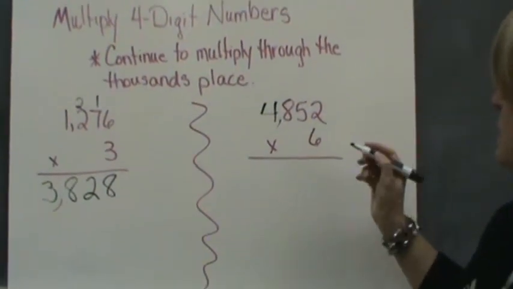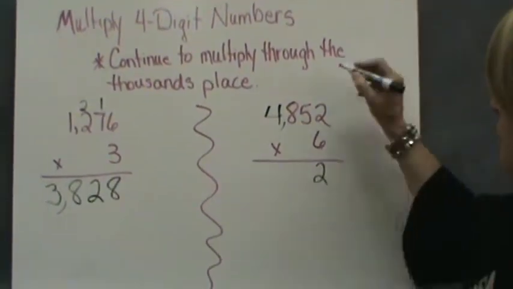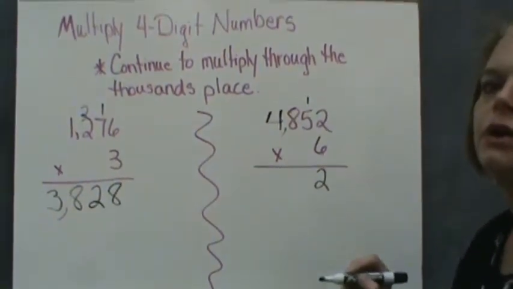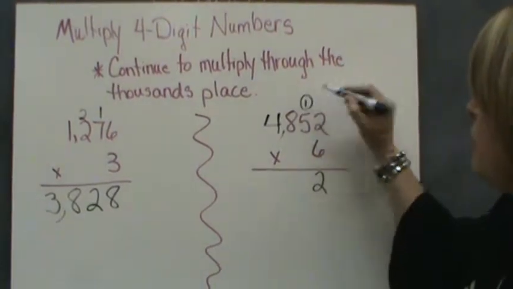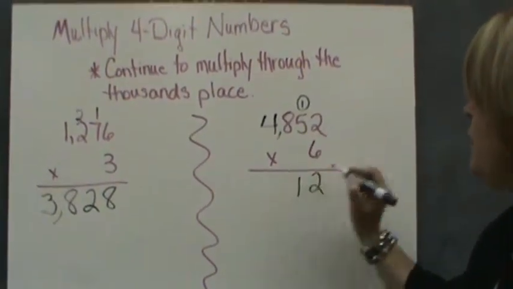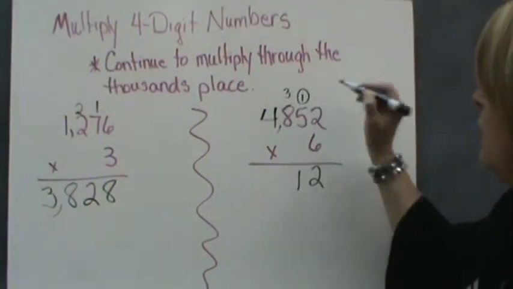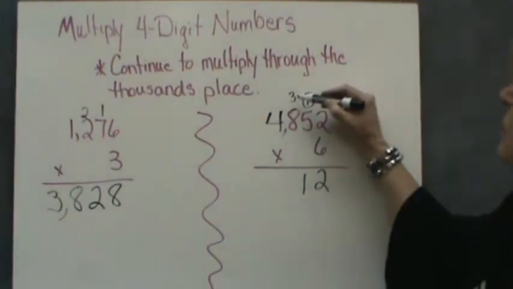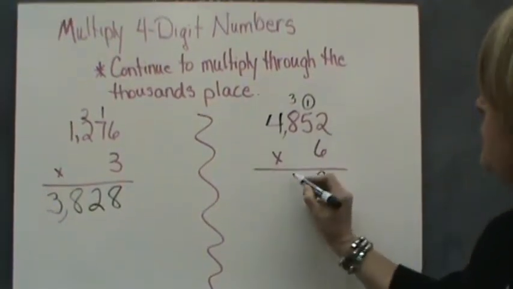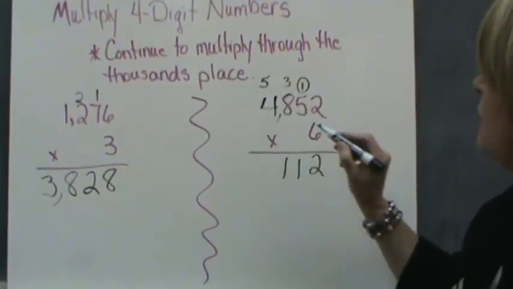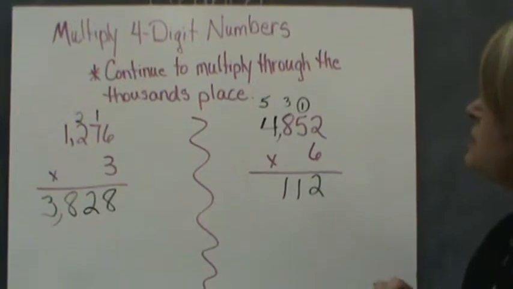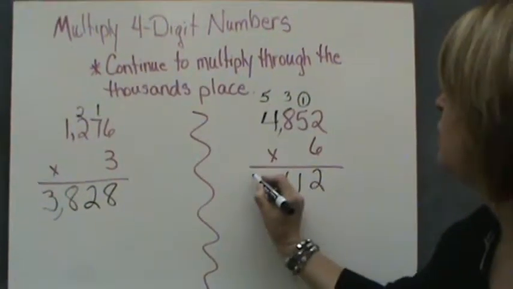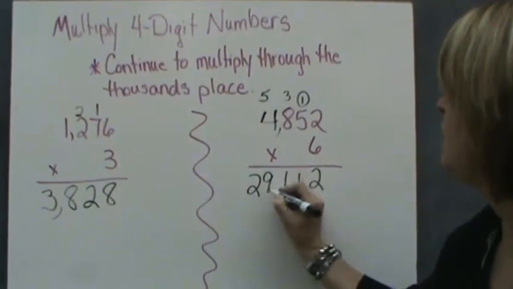All right, 4,852 times 6. 6 times 2 is 12, and I'm going to carry that 1. 6 times 5 is 30, plus 1 is 31. 6 times 8 is 48, plus 3, 51. 6 times 4 is 24, plus 5 is 29.